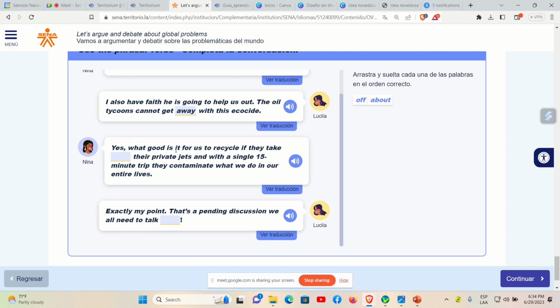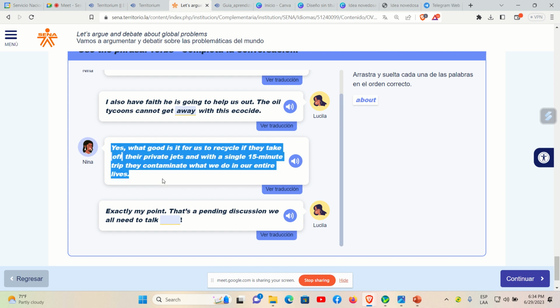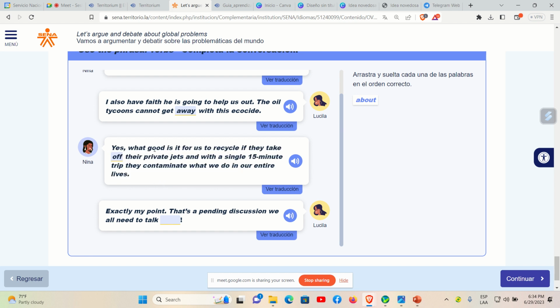Yes, what good is it for us to recycle if they take their private jets off. Look at this paragraph. It says, yes, what good is it for us to recycle if they take off their private jets and with a single 15-minute trip they contaminate what we do in our entire lives?